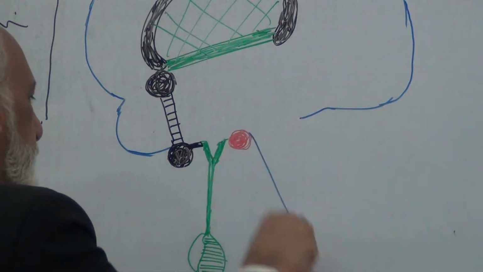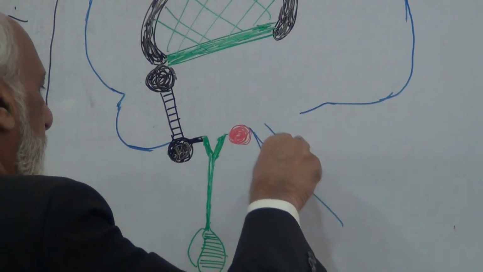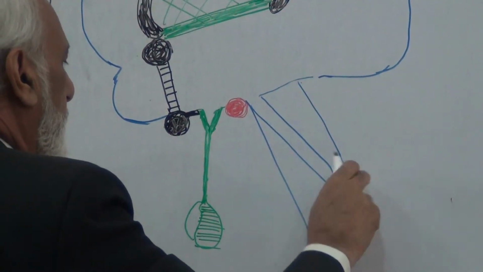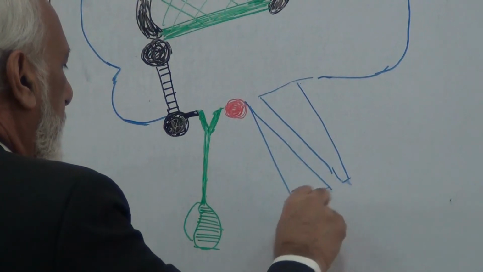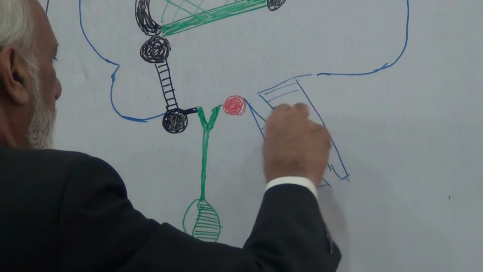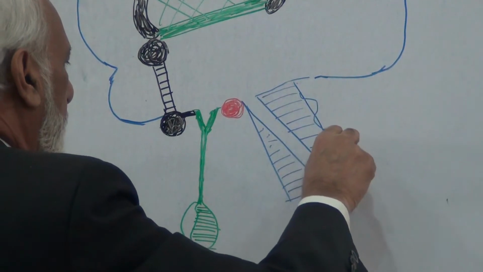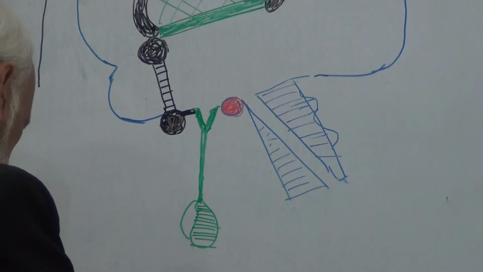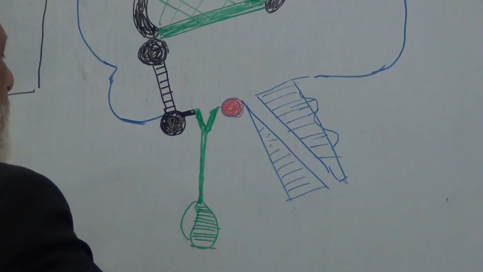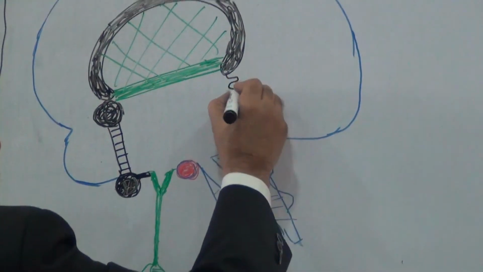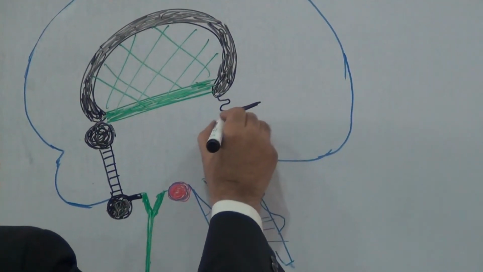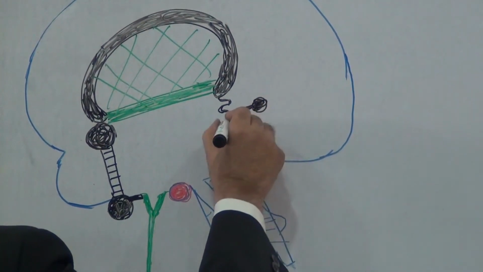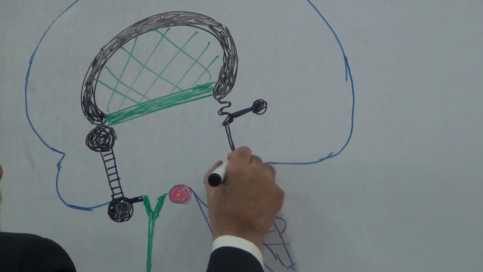And longitudinal section through the midbrain. Epiphyseal recess, pineal recess, then pineal body stalk, pineal body, then posterior commissure.